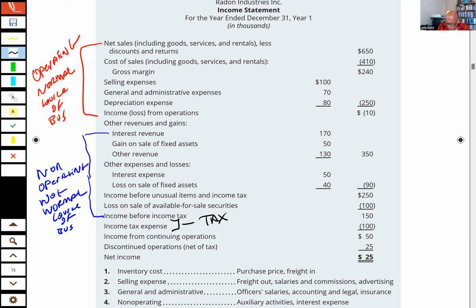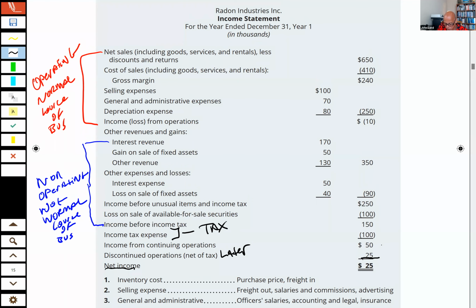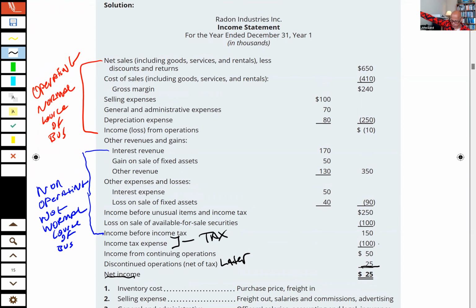So if you have a situation where you have a discontinued operation, you would report that separately, but we'll deal with that later. Okay, the primary 3 sections is going to be what? Operating items, non-operating items, and then our tax, okay? And that is what will then constitute the calculation of net income. I don't know why they insisted on putting these discontinued operation things here, because we have a discontinued operations section coming later, so don't worry about that now.